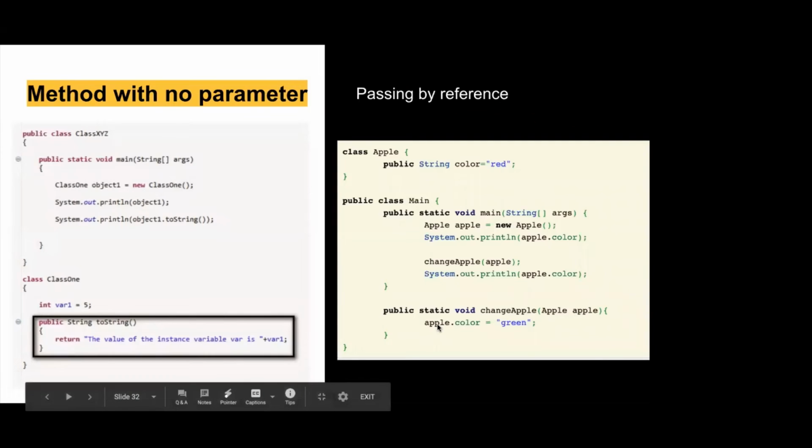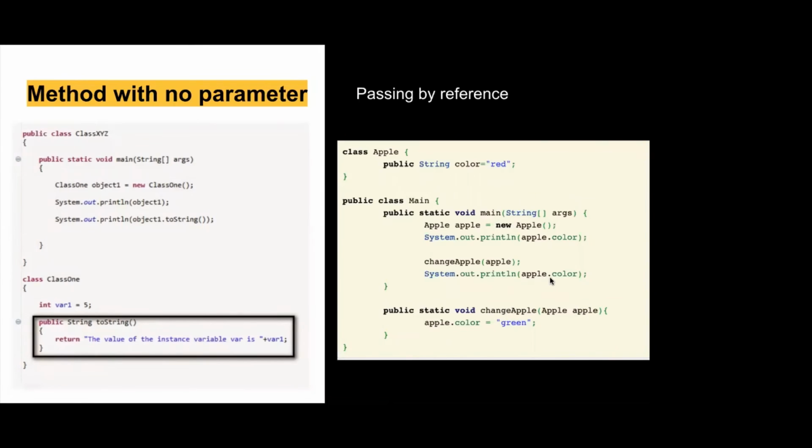Then it will change the color of this apple object to green. So it will print out the color again. And the first result will print out red, which is the original color. And after calling the changeApple method, it will print out the color green.